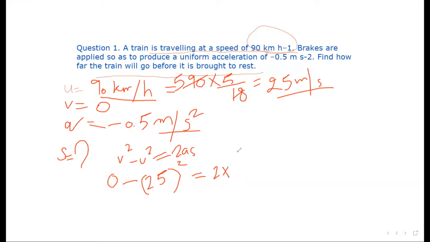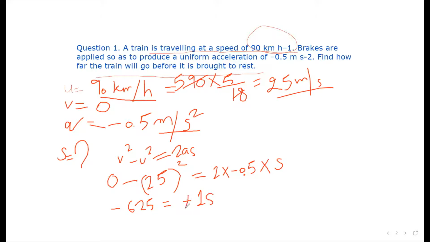What is a? a is minus 0.5 meter per second square. So we write 0.5 here. And what is s? We have to find s. Now solve it. The left side becomes minus 625, because the minus sign is outside the bracket, so it will be minus only, equals to, and here you will just solve it.